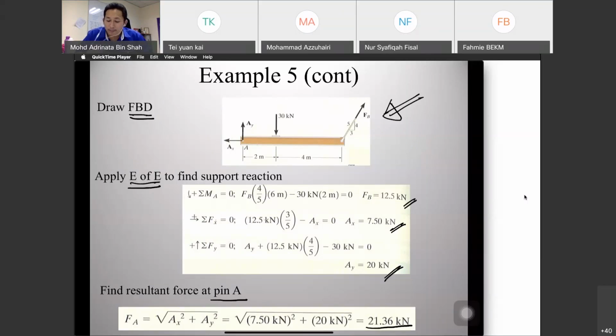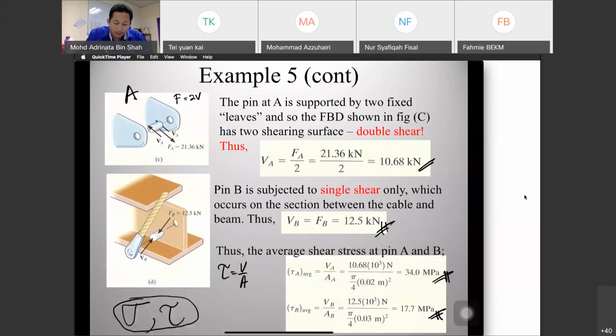Let's say our material of pin is magnesium. What happens if we use magnesium? What happens if we use aluminium? What is the best material to be the pin? Okay, so that is why we need to know the normal stress and also the shear stress.